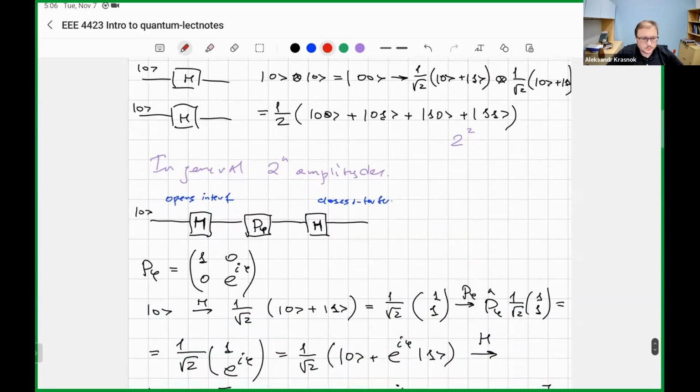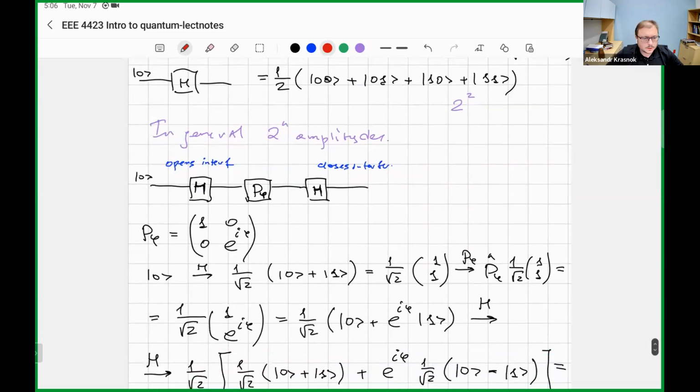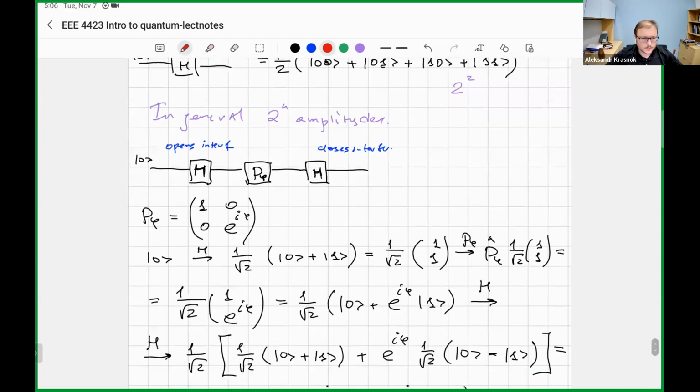The quantum interferometer consists of two Hadamard gates, opening and closing Hadamard gates, and the phase qubit P F that is sandwiched between them.